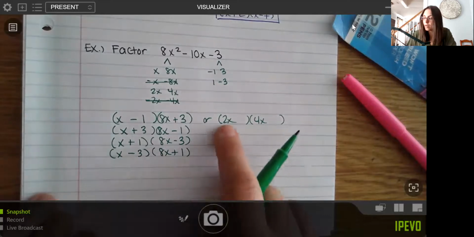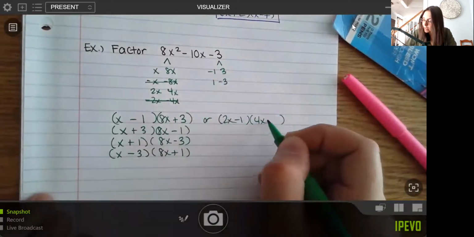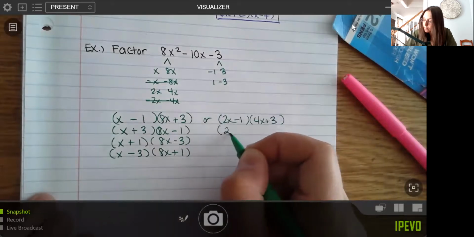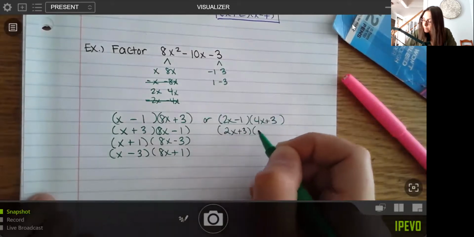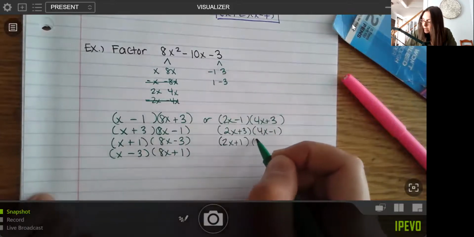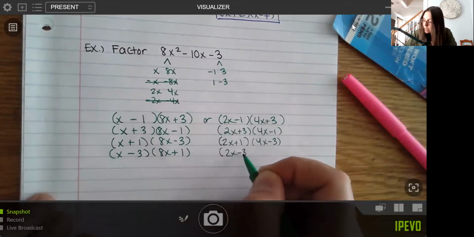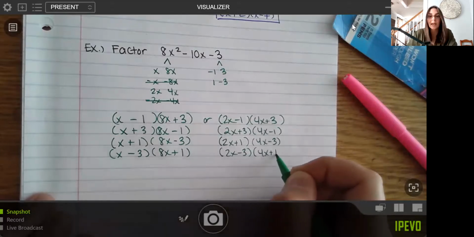And the same thing here. Well, what if it's 2x and 4x? I could use -1 and +3. Or I could use the next one, 2x + 1, 4x - 3, or 2x - 3 first and 4x + 1 second.